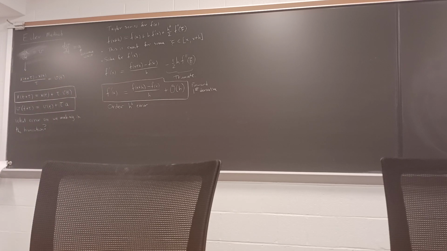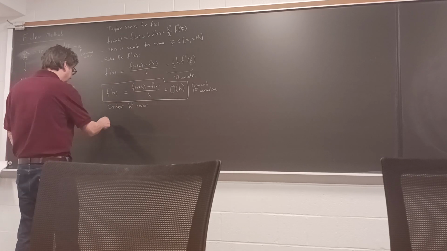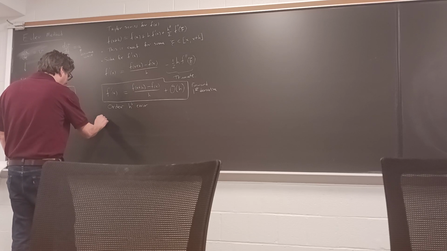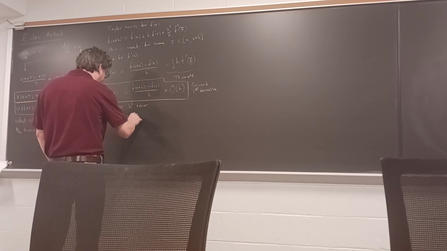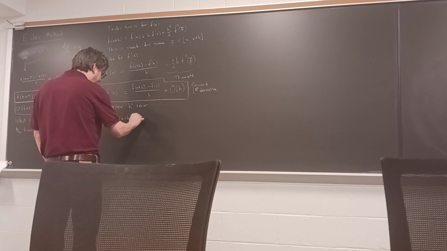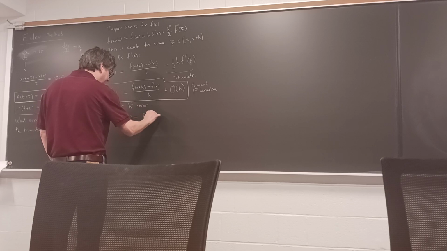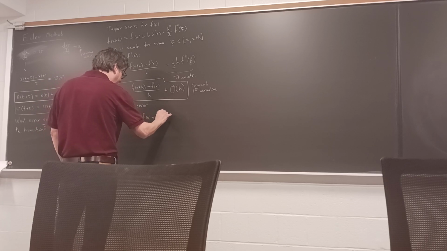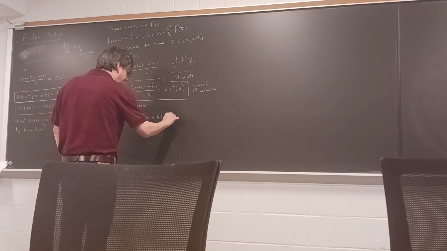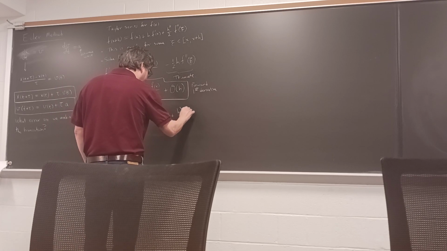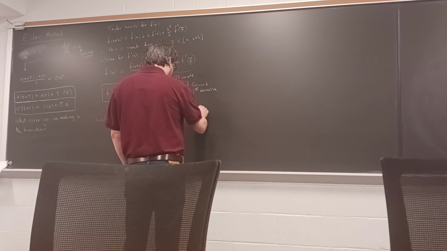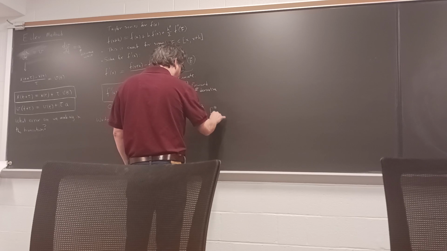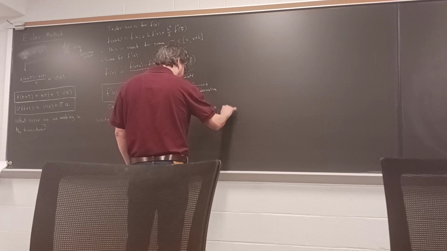And let's see if we can do actually better than order h. So now let's write f of x minus h, well, let's first do that f of x plus h again. This is f of x plus h f prime plus h squared over 2 f double prime, and then let's truncate here, so this would be h cubed over 3 factorial f triple prime of zeta 1.